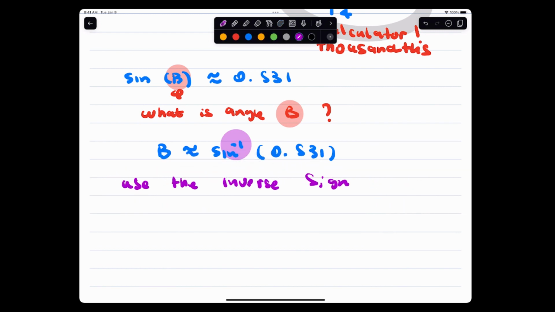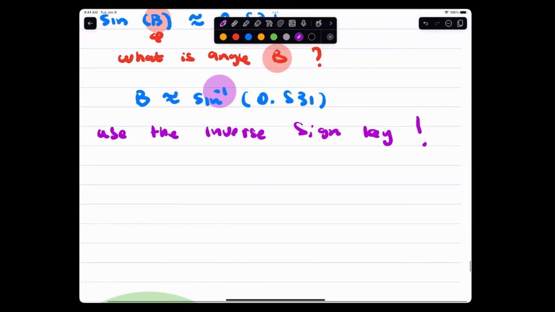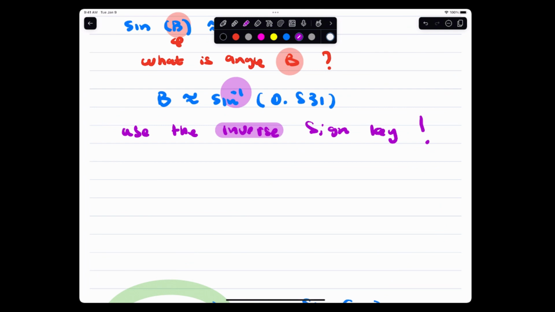It's a key on the keyboard of your calculator. That's not a reciprocal, that's an inverse function. We'll be studying inverse functions in our future.